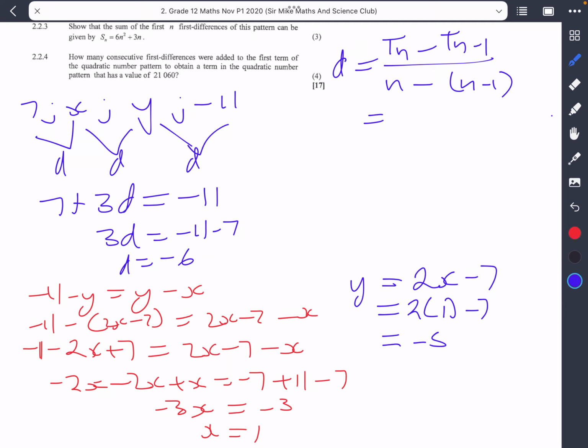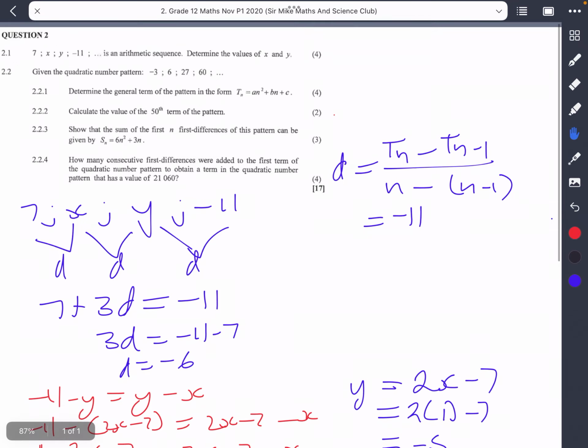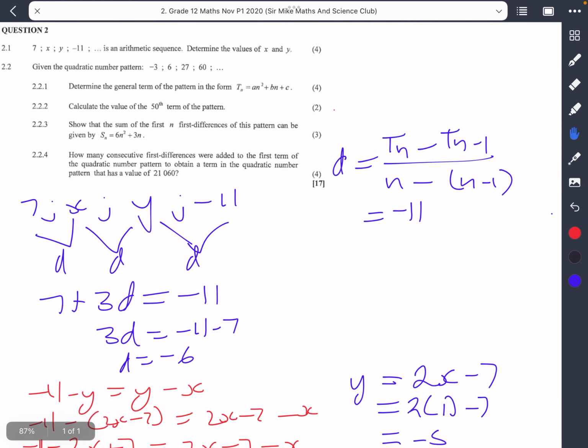We subtract the first term. What was the first term again? That was 7, so this would be minus 7.